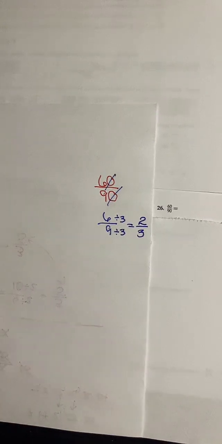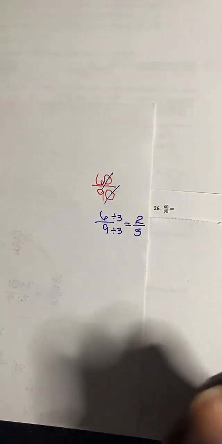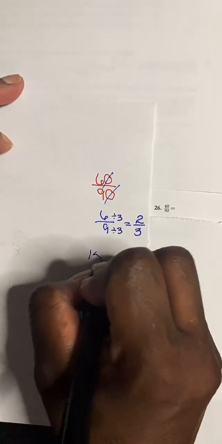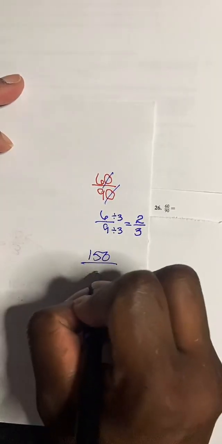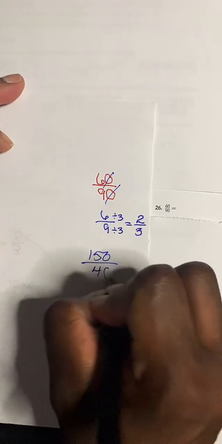So we have to cut the time in half. Yes, definitely. When they both end in zeros, get rid of them. Done. All right, good. No problem. There we go, with the 2/3. So anytime they have those zeros, even if they had 150 divided by 40, right?